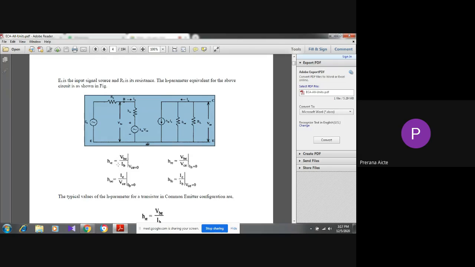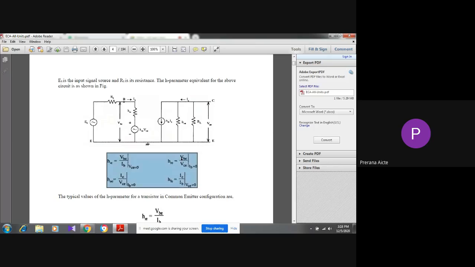If we want to calculate HIE, the formula is VBE by IB, keeping VCE equal to 0. Similarly, HRE means reverse voltage gain: change in input voltage by change in output voltage, keeping IB 0, input current 0. Next, HOE, output admittance. Output admittance means output current by output voltage, and the condition is IB equal to 0.